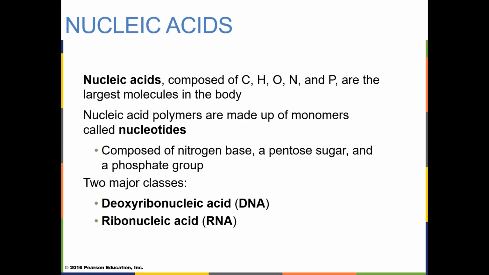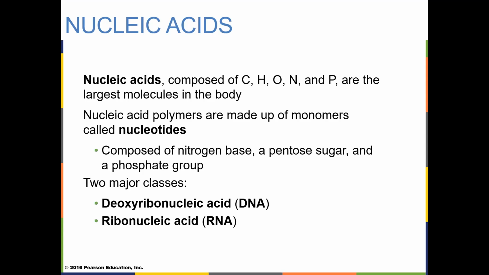The nucleotides have a nitrogen base with a sugar, usually a 5-carbon sugar of some sort, a ribose sugar, and a phosphate. So we have a nitrogen base, a pentose, 5-carbon sugar, and a phosphate attached here.